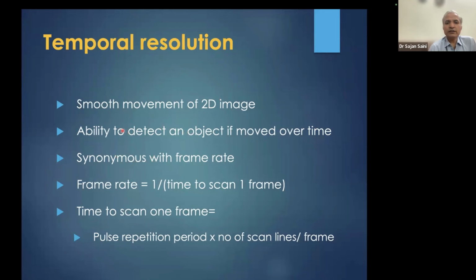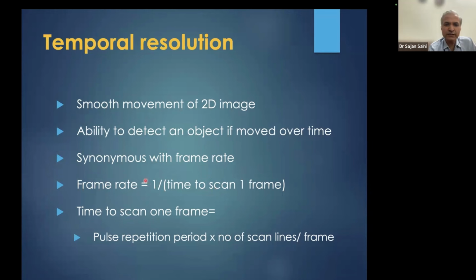So temporal resolution improves with the pulse repetition frequency, and it is synonymous with the frame rate. So what is the frame rate? Every beam that goes inside, penetrates, and comes back. The time one ultrasound beam takes to scan a frame is the time for one frame.